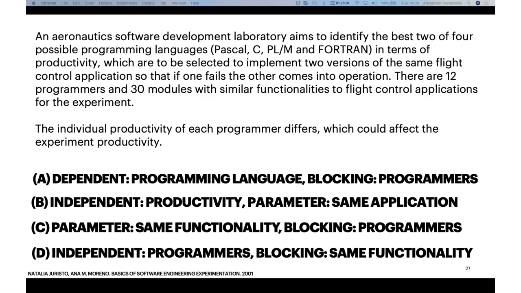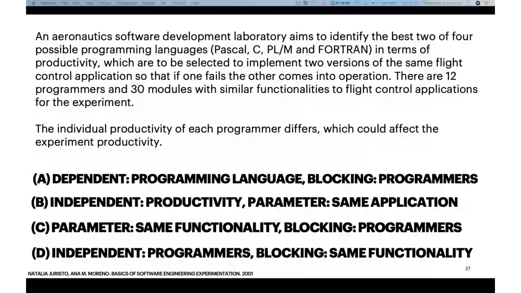So this means that the independent variable is a programming language, and the dependent variable is productivity. So this means that option A, where programming language is called dependent, and option B, where productivity was called independent, are out of the options. So it's now only C or D.